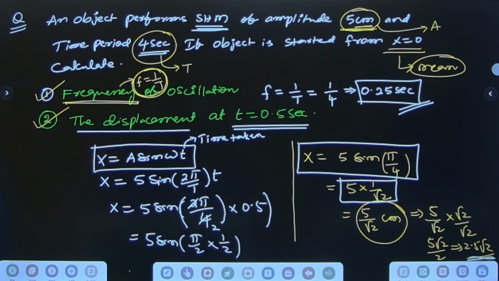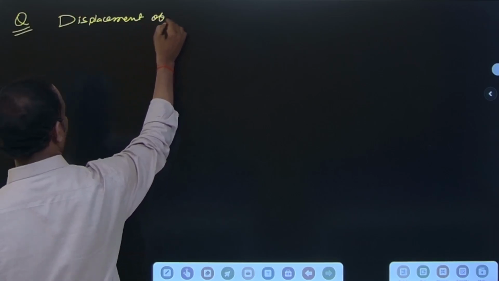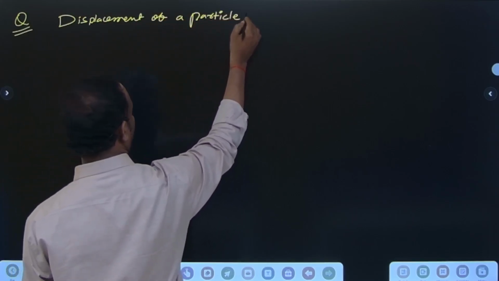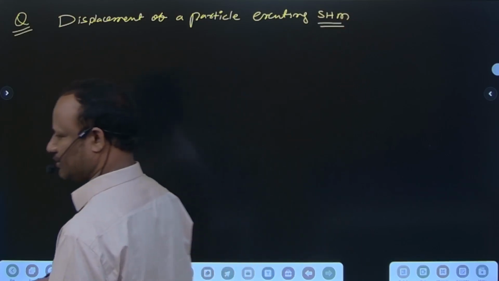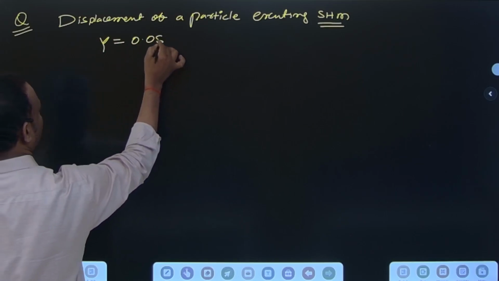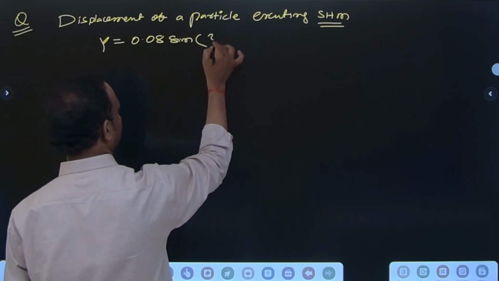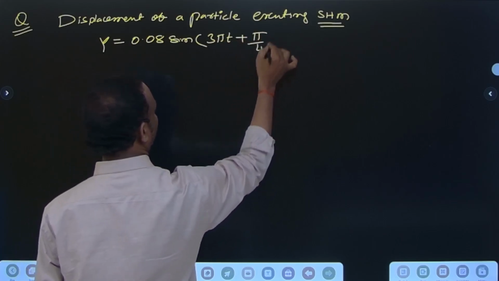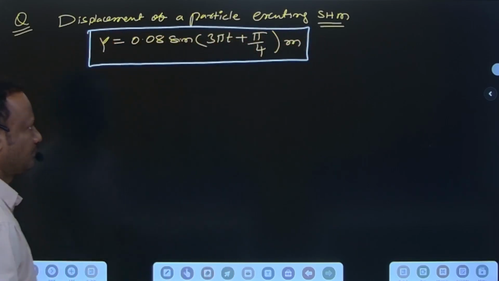So next one, one more question I'm giving. The displacement of a particle executing SHM: y equals 0.08 sine of 3 pi t plus pi by 4, in meters. So y is given along the y axis, some equation is given.